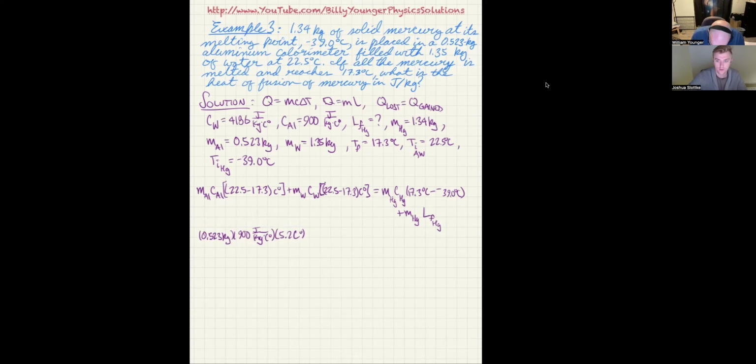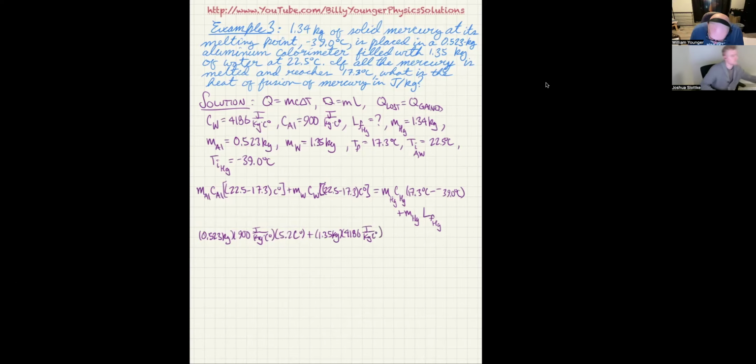Now I've got the mass of the water, which I need to write with the writing utensil. So the mass of the water we said was 1.35. The specific heat of the water in the liquid state is 4,186 joules per kilogram Celsius degree.